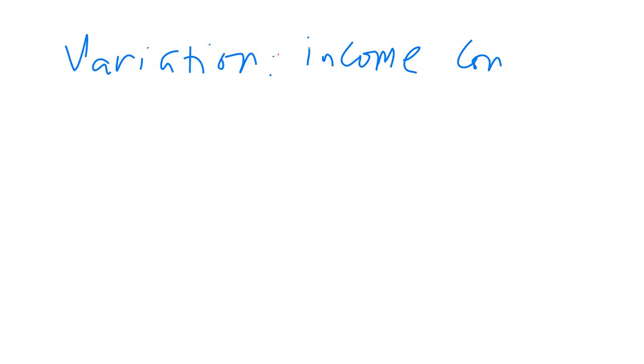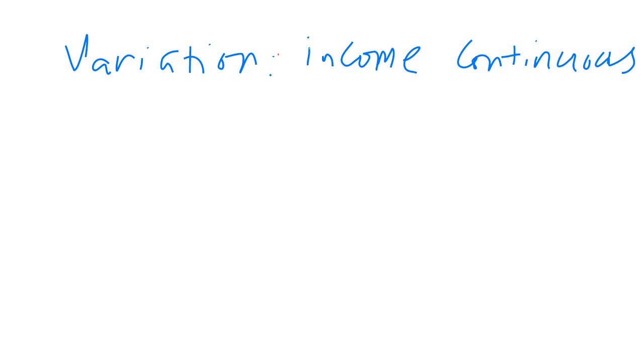What kind of security actually generates a continuous income? Well, actually none of them, except if you have a portfolio of securities. So now we're not talking about individual securities. We're talking about a portfolio of securities.